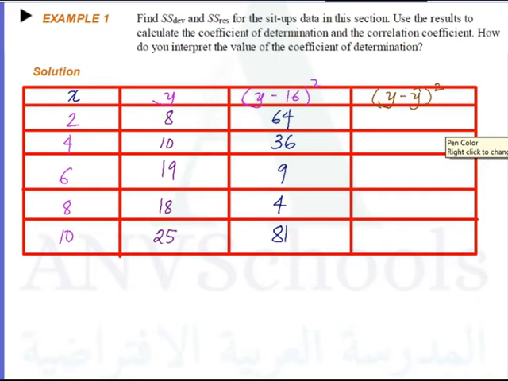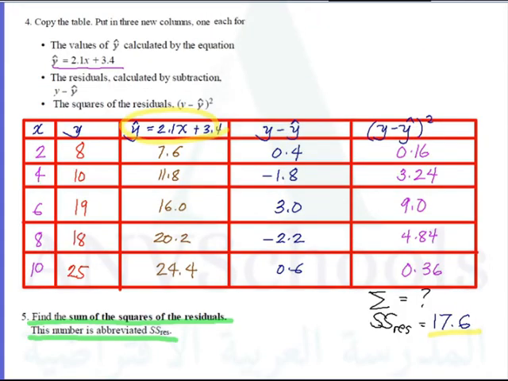Now let's take a look at y minus y hat square. Our y hat for 2 is, let me have the table again. So this is our y minus y hat square, going back to the older tables for lesson 1.